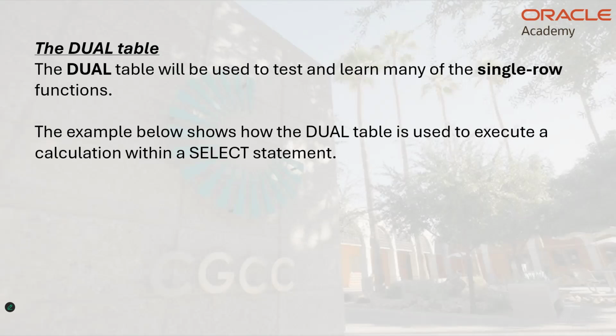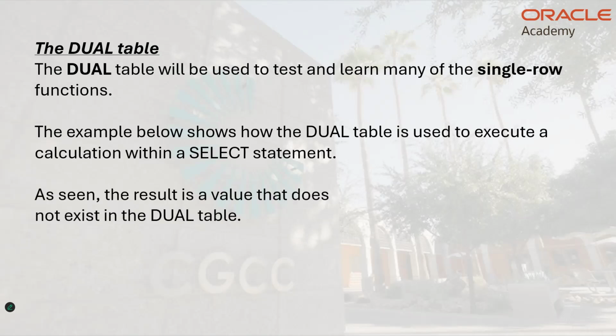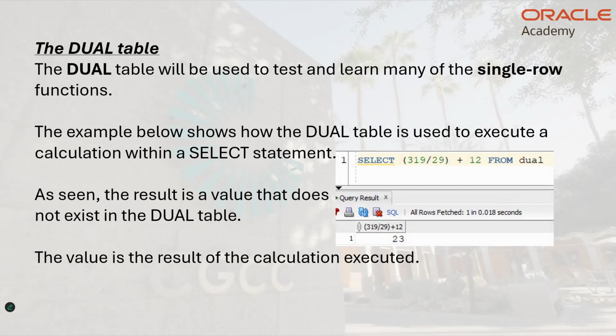The example I'm going to show you is just using the dual table to execute a calculation with a select statement. If you take a look at this, select, and then we have a division and an addition: select 319 divided by 29 plus 12. The calculation is shown as a column, and it's 23.